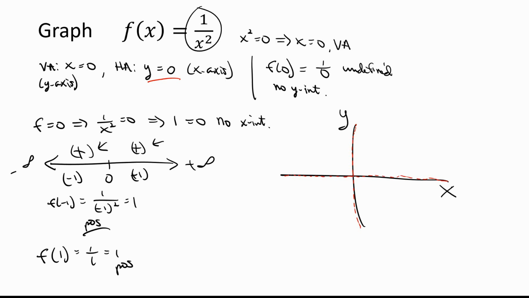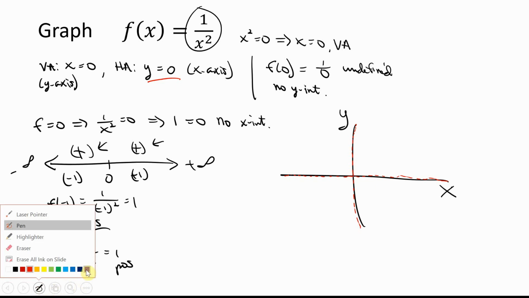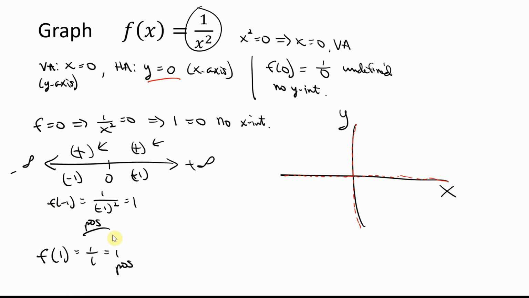No x-intercept, no y-intercept. So the graph is always positive. So that means from negative infinity to 0, the graph is in the second quadrant. And then from 0 to positive infinity, the graph is in the first quadrant. That's where it's positive, right? And it hovers always close to the asymptotes.